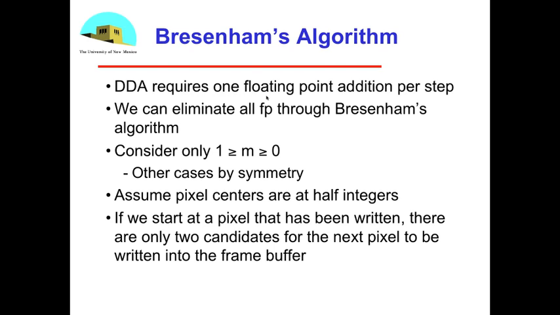The other thing that's very interesting about this, for this being a UNM course, is Jack Bresenham is actually a UNM graduate way back in the 50s. He came here as a football player, wound up as an EE major, then went to work for IBM, and he created this algorithm for use with printers.